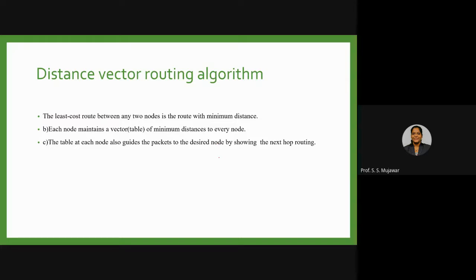Next hop means the next machine, the next device which that packet will be visiting. So it will give you the path not only to the immediate neighbor node, it will also give you the path to reach any other device, any other router in that network. That is the meaning of this statement.